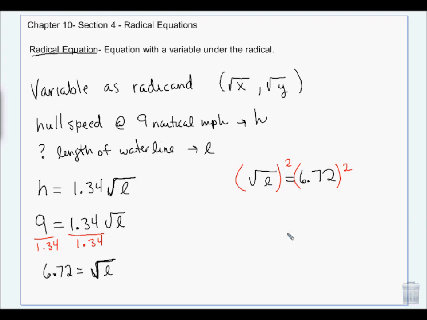So the square root of L squared is just L. And 6.72 squared is 45.2 if we round it to the nearest tenth. And that would be feet.